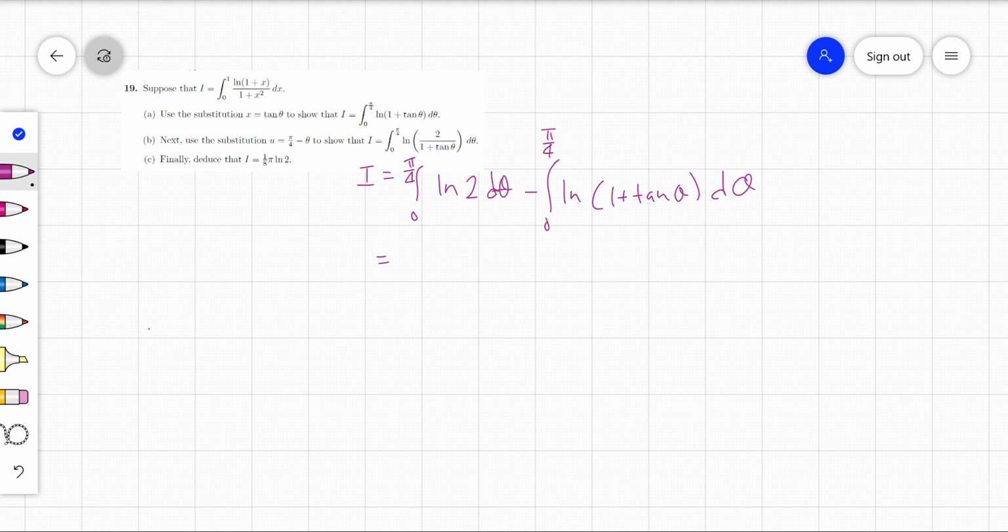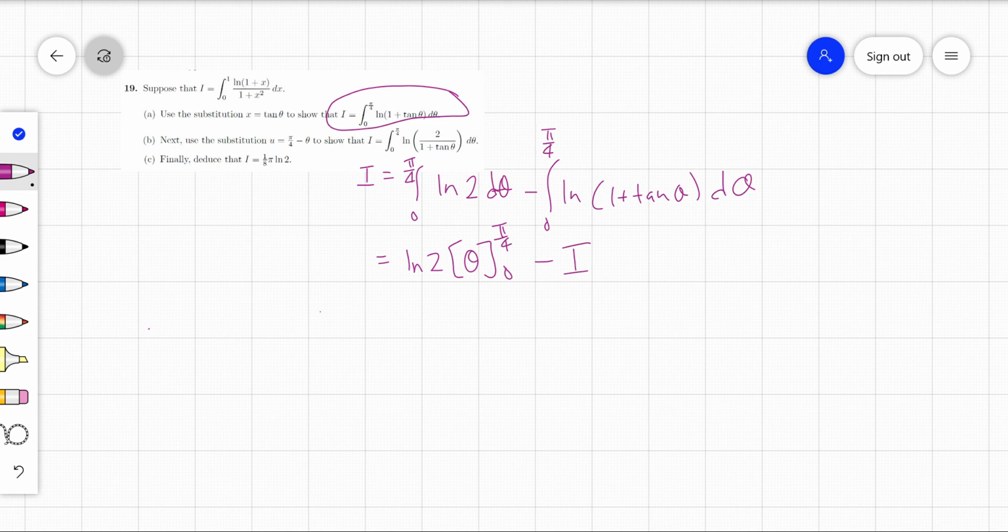Now of course log 2 is just a constant. So I've got log 2 out the front, and it's just 1 d theta, which becomes theta between 0 and pi on 4. You'll note that this part comes straight from here, so it is equal to the integral, which is nice.